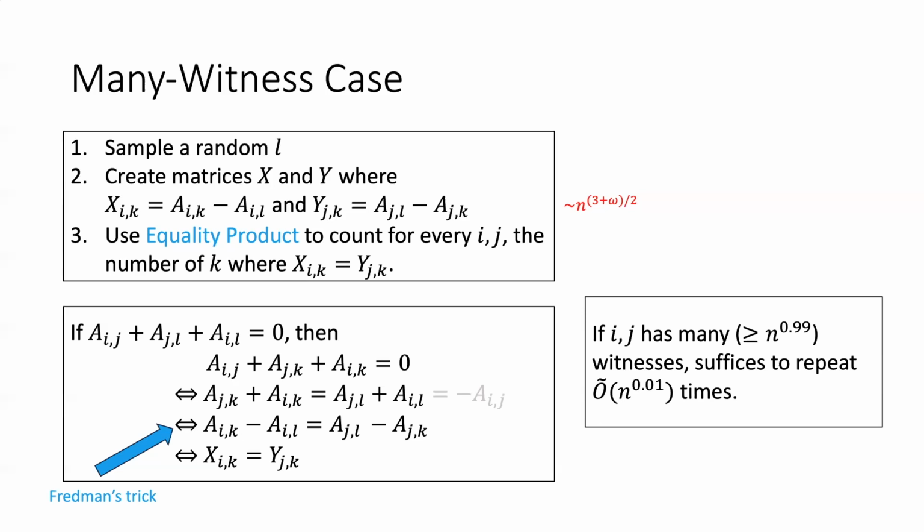And this means that if we have some l that forms an exact triangle with ij, then we will be able to compute the number of exact triangles ij is in. Because we are considering the many witness case, we can assume ij is in at least n to the 0.99 exact triangles. So we only need to sample n to the 0.01 many l in order to hit one witness with high probability.